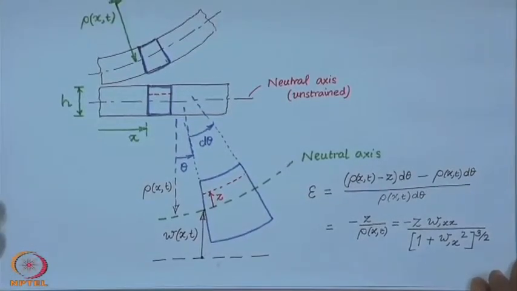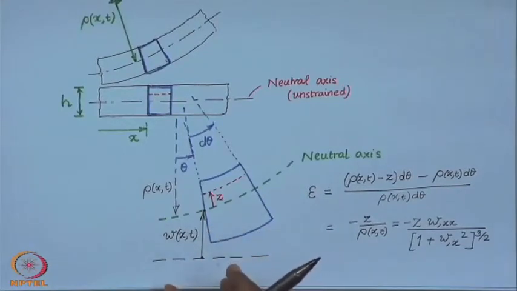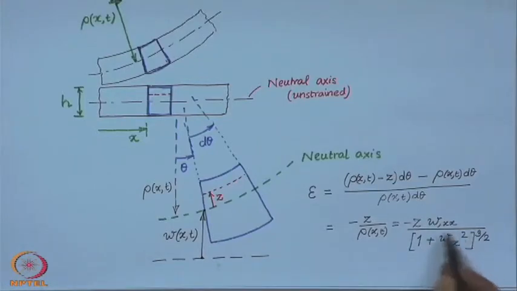Now, we will consider in these derivations that the slope of the beam is small. So, under that assumption we can drop higher powers of the displacement variable w, or the derivatives of the displacement variable or the field variable.